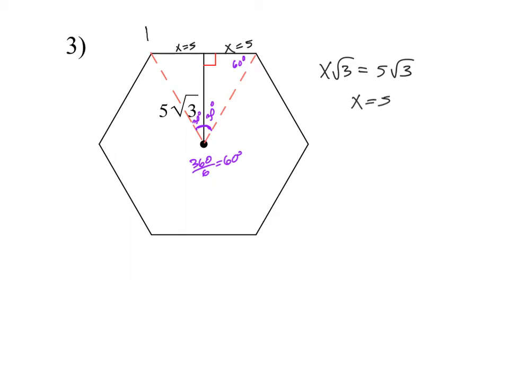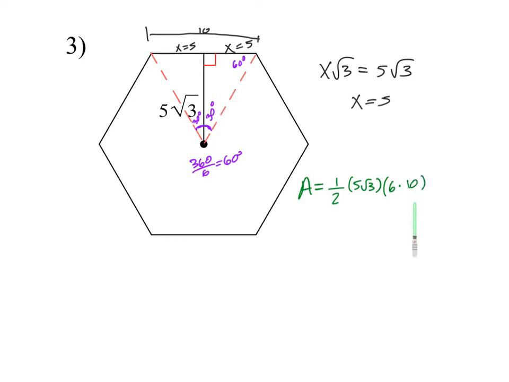So that means that my sides are 10, right? So my area equals 1/2 of 5 square root of 3 times 6 times 10.